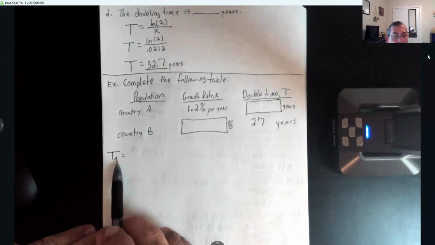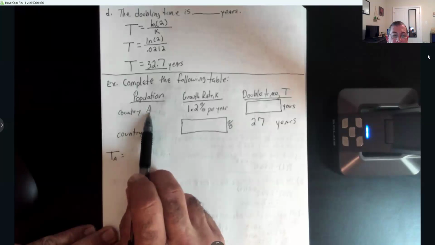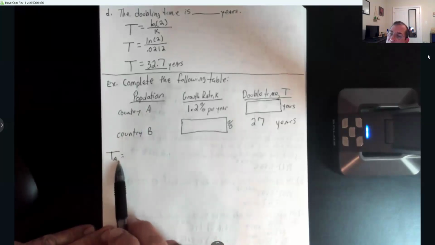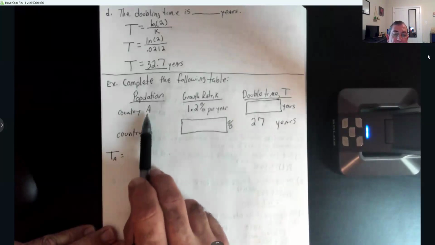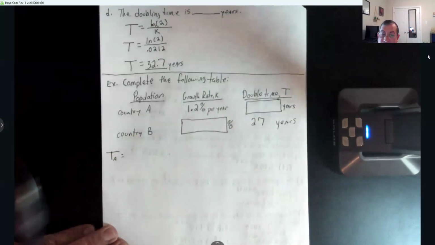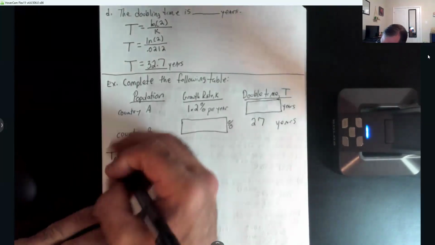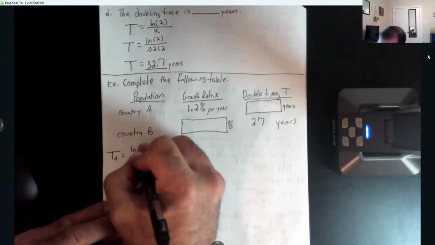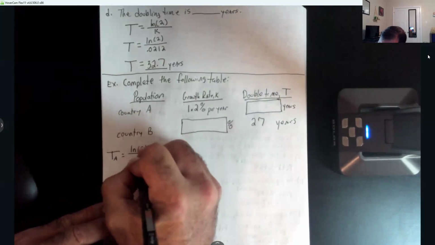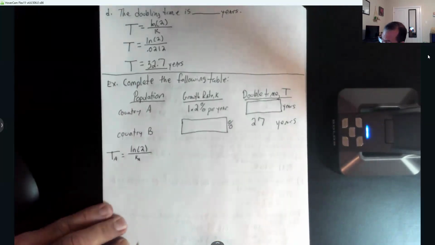And then when I put that little a there, that means I'm doing the double time for country A, okay? So that's a lot of times why we use a subscript, to distinguish between two different cases of data, okay? So this is the double time for A. Well, we know that equals what? Ln of 2 over my K for A.